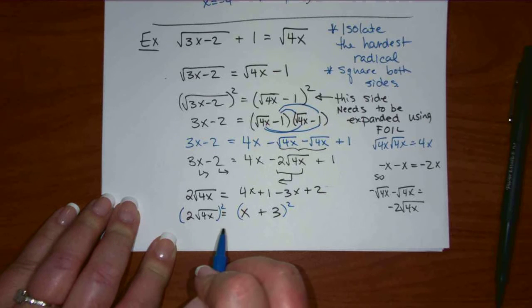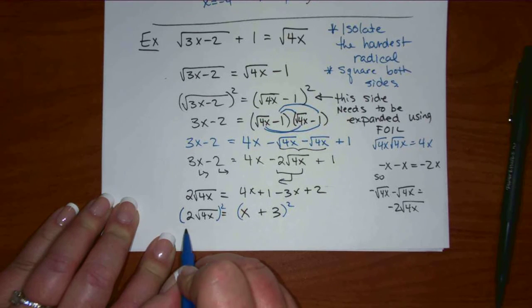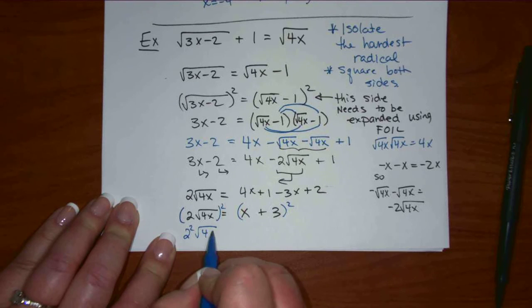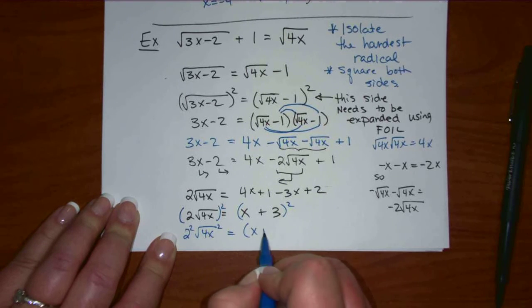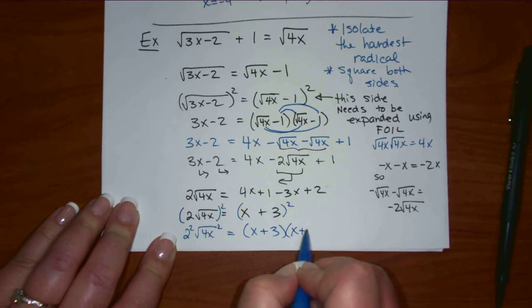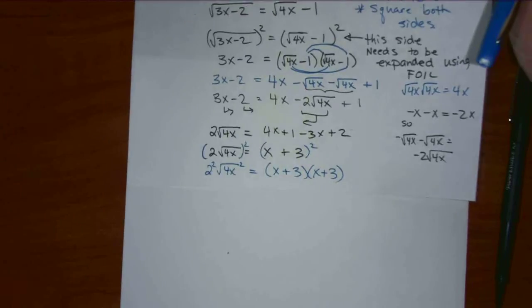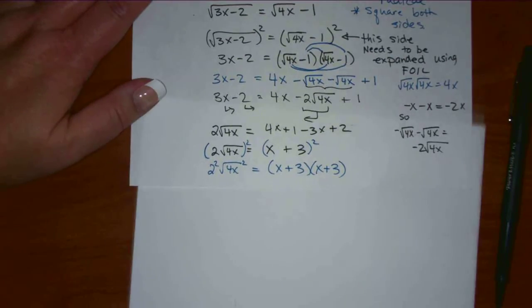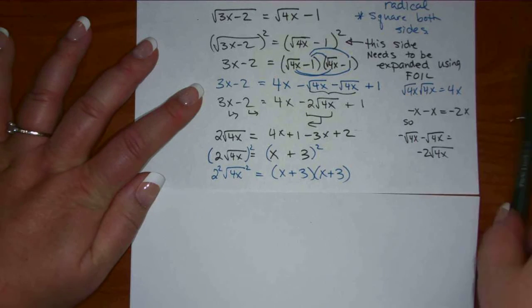Here, remember to square the 2 as well as the radical. So what would we have? 2 squared and root 4x squared. So remember to square both. Squaring this involves FOIL again. These questions are significantly longer if you have a quadratic in it. Okay, so 2 squared is 4.